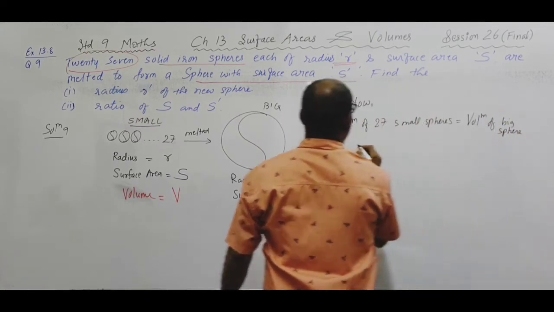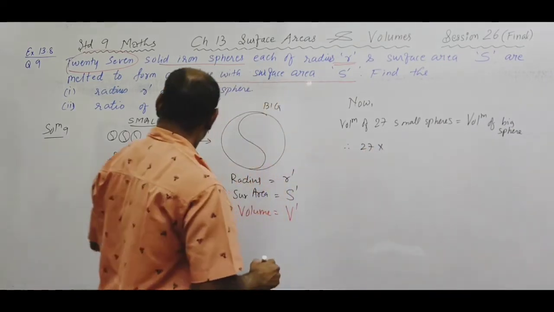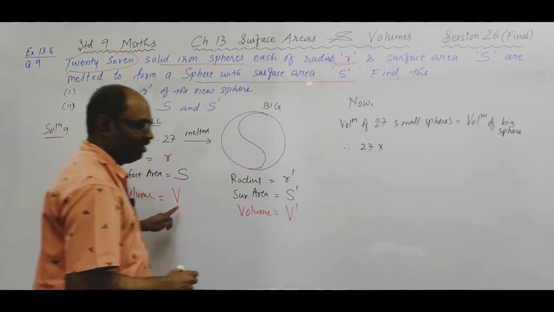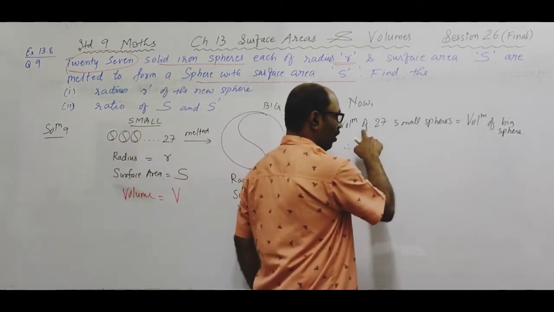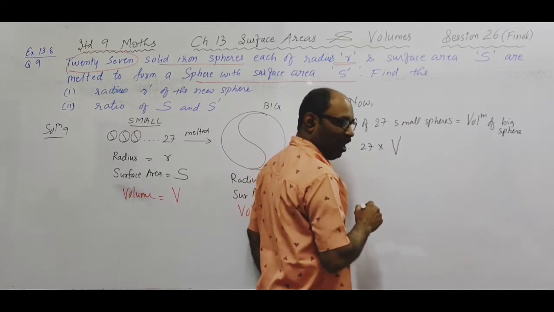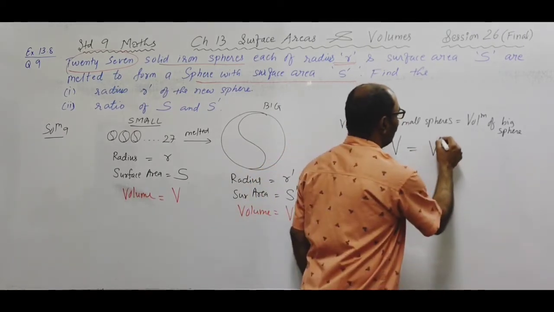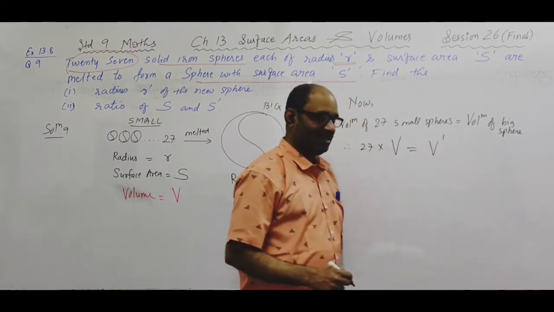Here there is only one, so that will be 27 times the volume of the small sphere, equal to the volume of the big sphere, that is V dash.